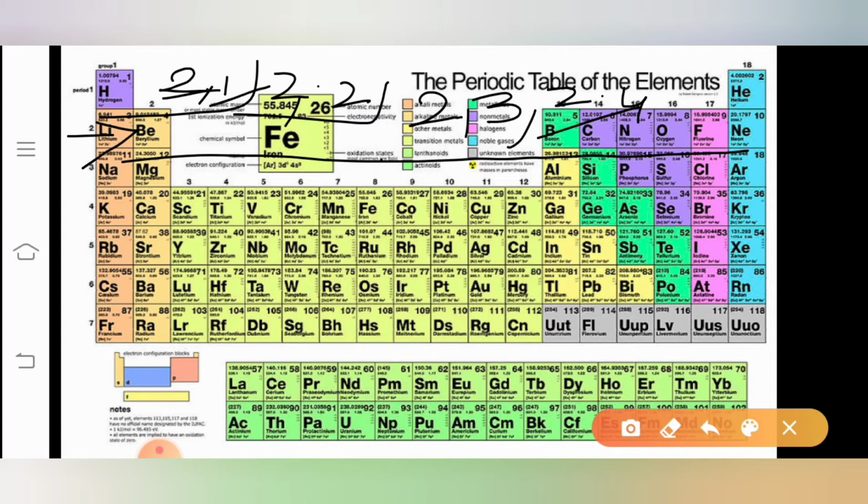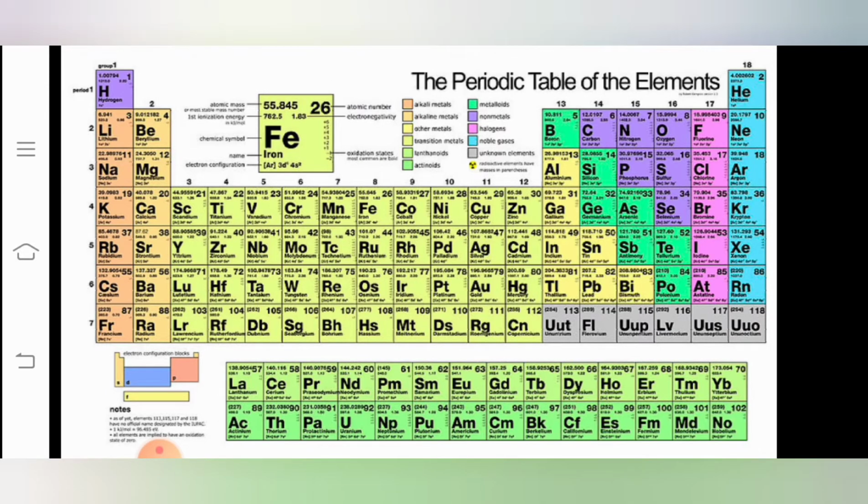1, 2. 2 shells. Here also beryllium 1, 2. Boron 1, 2. Then carbon 1, 2. Correct? So all the elements which are present in the same period will have the same number of shells. Clear? And the maximum number of electrons that can be accommodated in a shell depends upon the formula 2n square, where n is the number of shells.